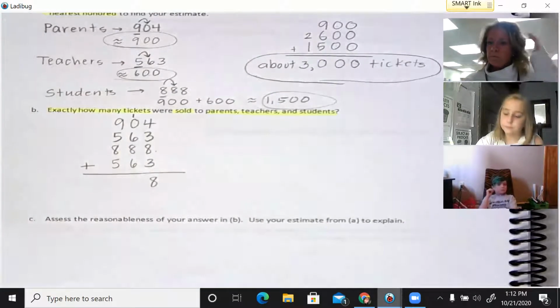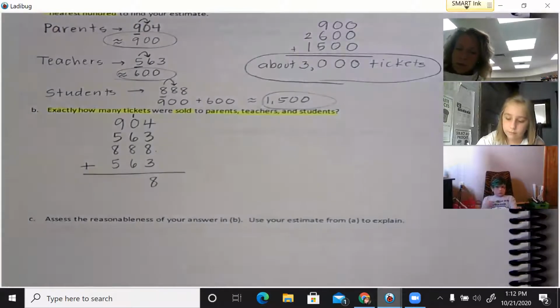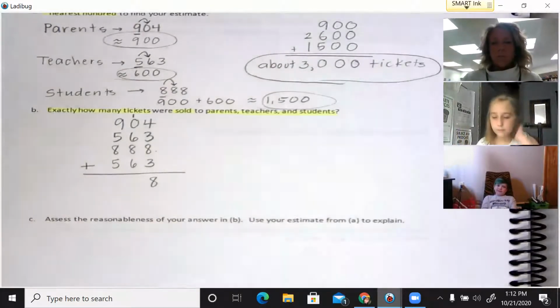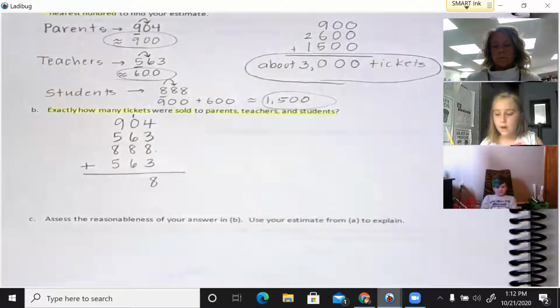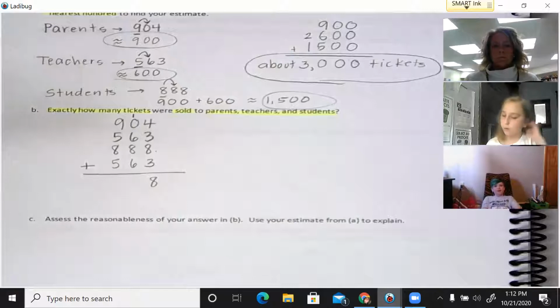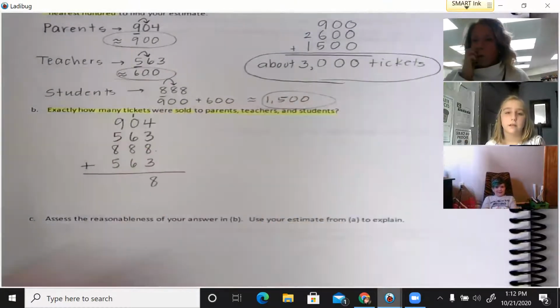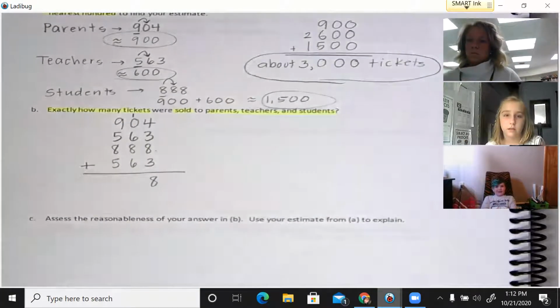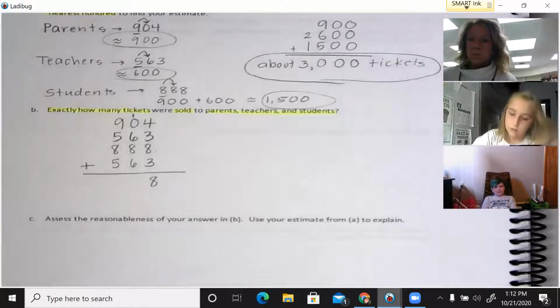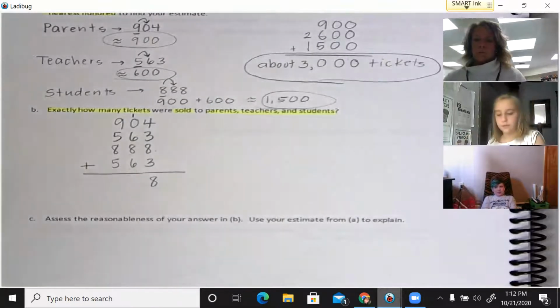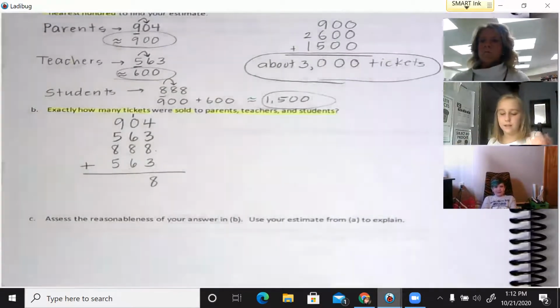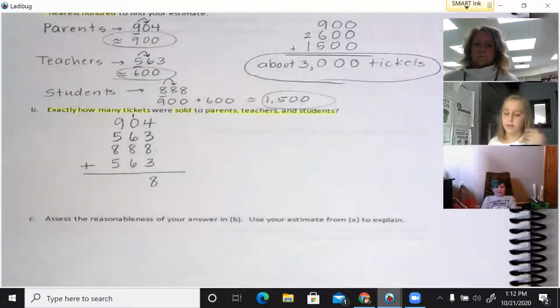Was my math good? Okay, Sophia, you're going to do the tens and Peyton and I will check your math. So 0 plus 6 equals 6. Well, 6 plus 6. I would suggest maybe to start up here so you don't forget that one. So there's 1 plus 8, which is 9.